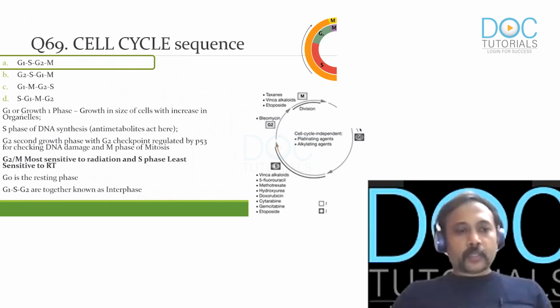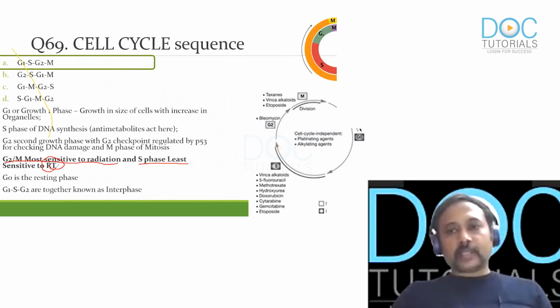The G2M phase is the one which is most sensitive to radiation, and S phase is the least sensitive. Dividing cells are there in the mitotic phase. That is why your G2M is the phase with high sensitivity to radiation, so it is your most radiosensitive.